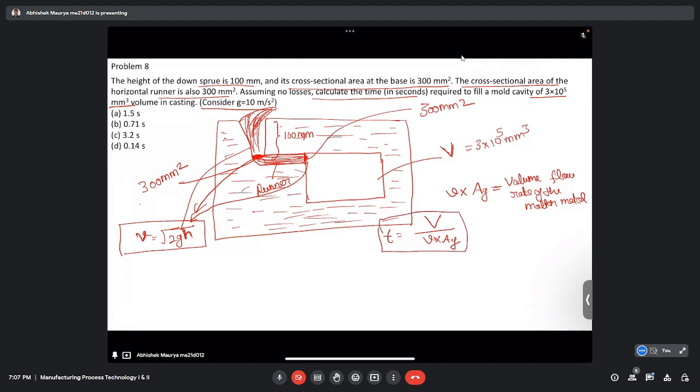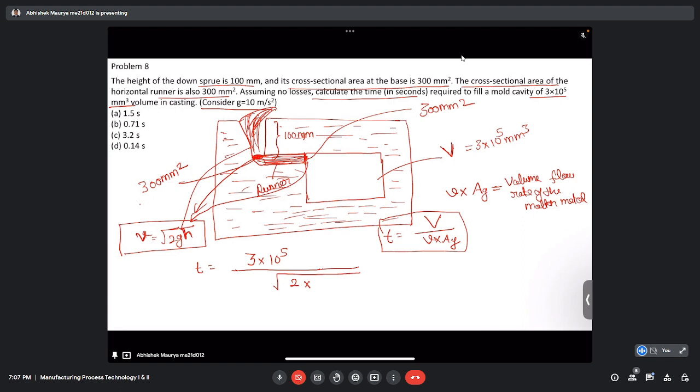So we will substitute the values. Volume is 3 into 10 to the power 5 mm cube, and this velocity is under root of 2gh, 2 into g.